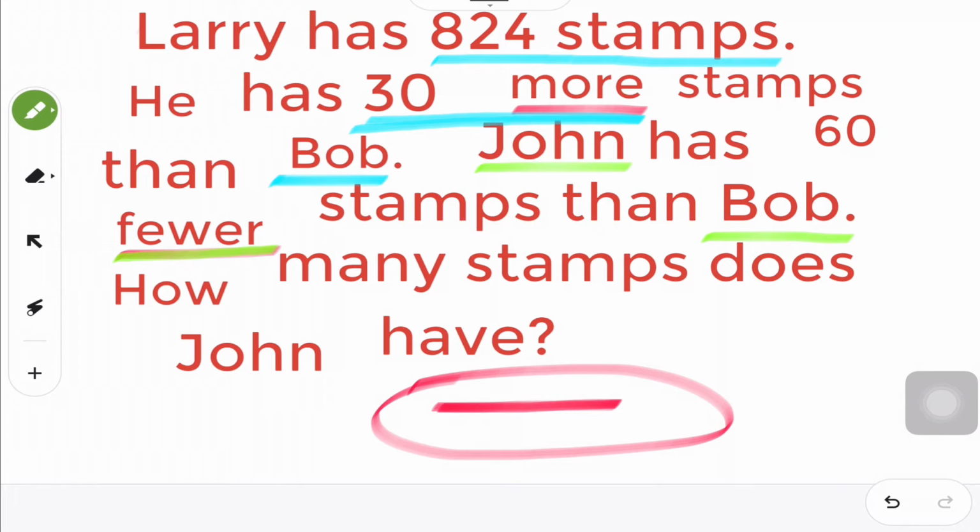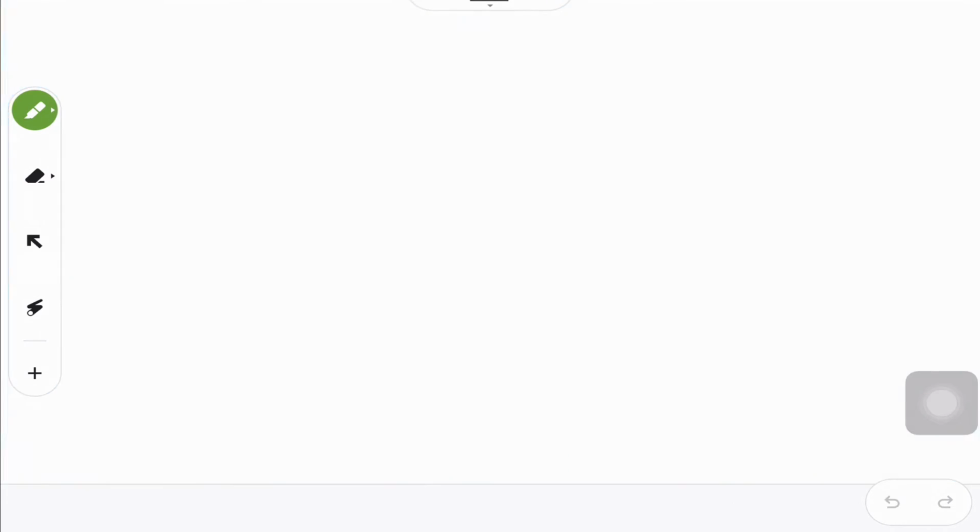Okay. So if you look into this word problem, first let's start with Larry. Larry has 824 stamps and he has 30 more stamps than Bob. Okay, so I'm going to write first Larry has 824 stamps.